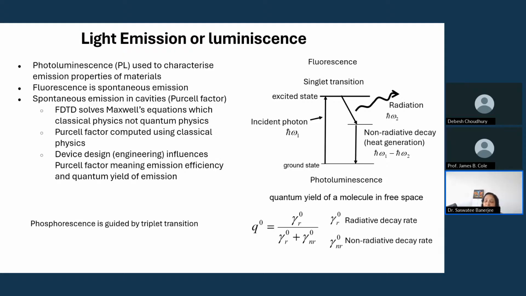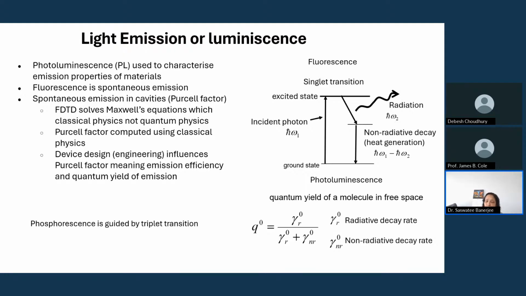What is happening here is that from outside you are supplying some energy. In the case of photoluminescence, you irradiate it with UV light. The molecule will go into a higher energy state, and it will come back to the ground state through radiative and non-radiative decay, basically.